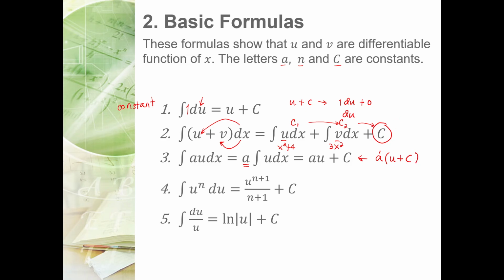The answer is, of course, if you multiply, you distribute, right? So au plus a times c. Again, take note that since a and c are both constants, instead of putting AC, you just put a big C. It's all just numbers.